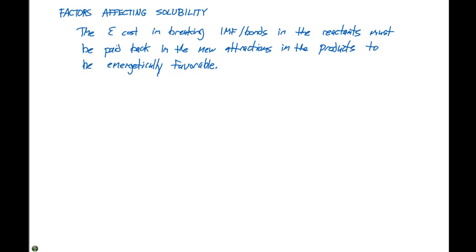So we need to analyze what types of intermolecular forces we're going to see changing here.